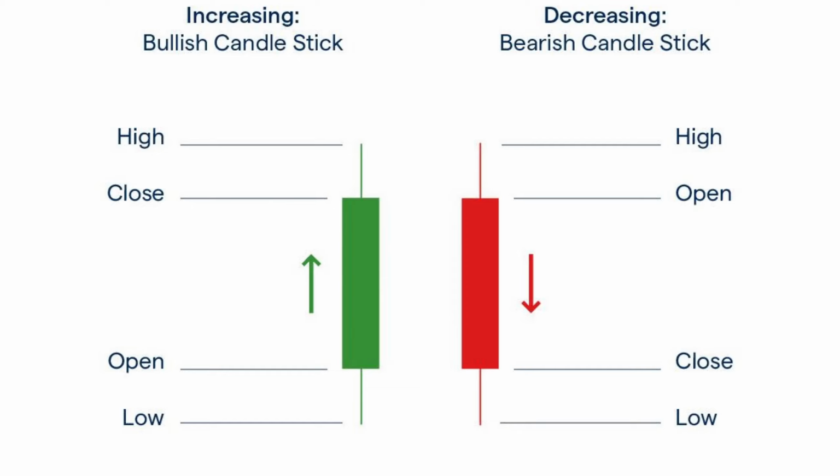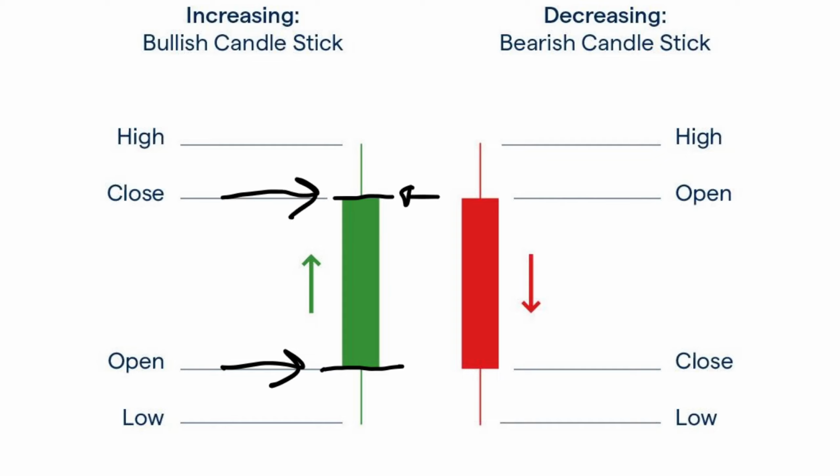For the green candlestick, what the real body will tell you, so what the wide part will tell you, is at which price it opens. So it opens down here for the green one, and it closes up here. So the price is at the bottom of the wide part in the beginning of the candlestick period, and at the end of the candlestick period, we are up here at the close.